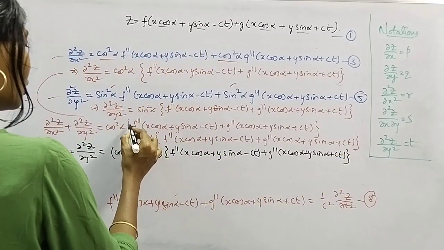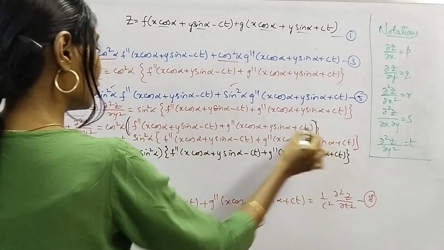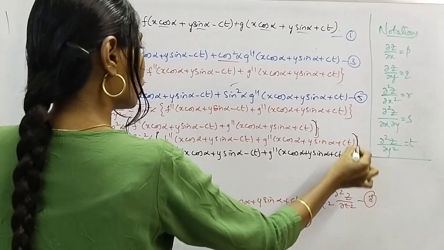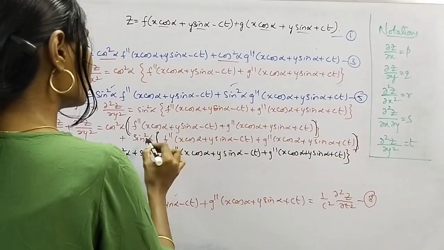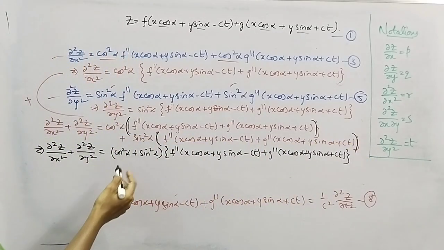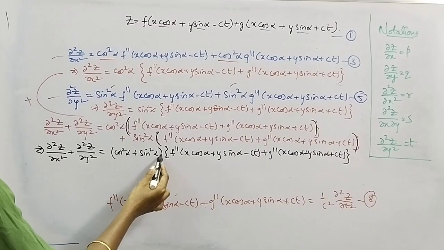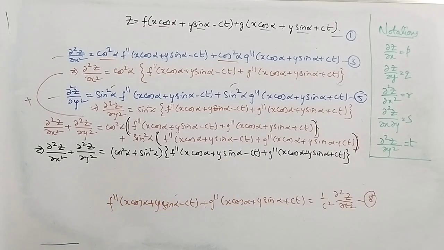We'll just take this term common from the two terms, so that you'll get cos square alpha plus sin square alpha of f double dash plus g double dash.